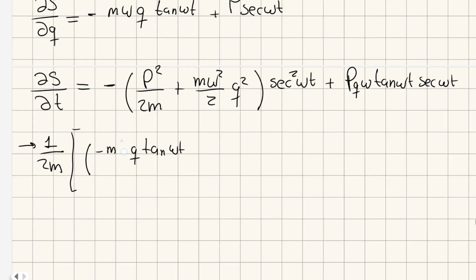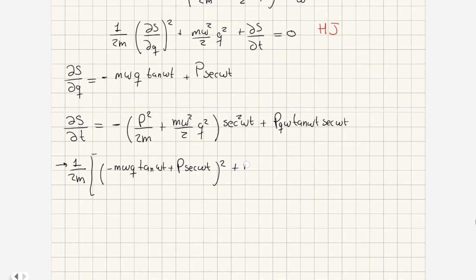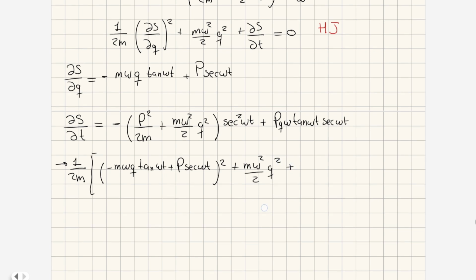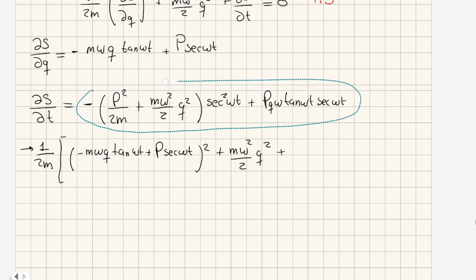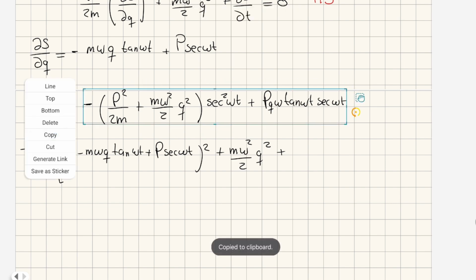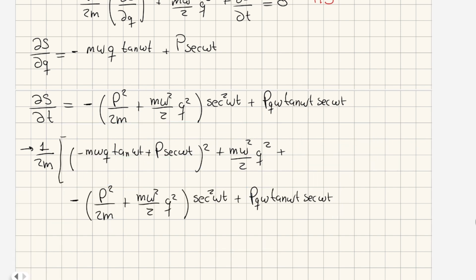And then plus p secant omega t, squared, plus m omega squared divided by 2 q squared, plus the partial of s with respect to time, which is all this quantity that I have here. Let me just copy it to make it faster, like this. Okay, and let me close the brackets here.